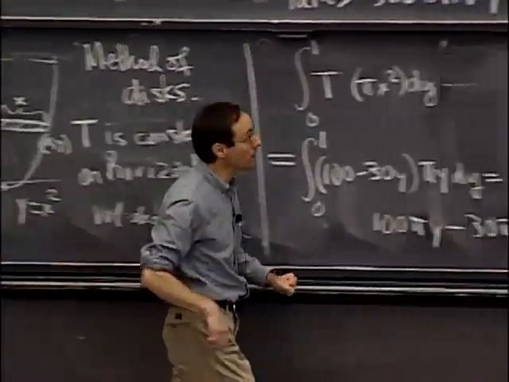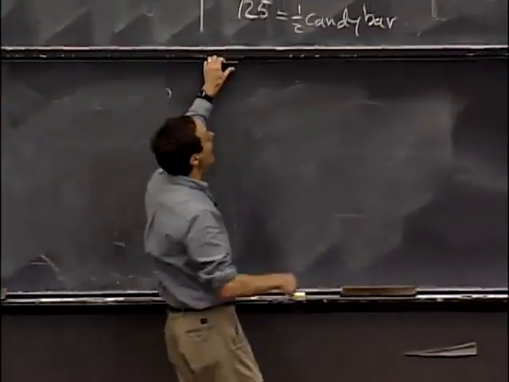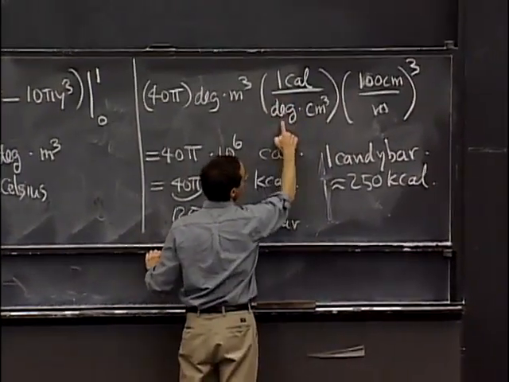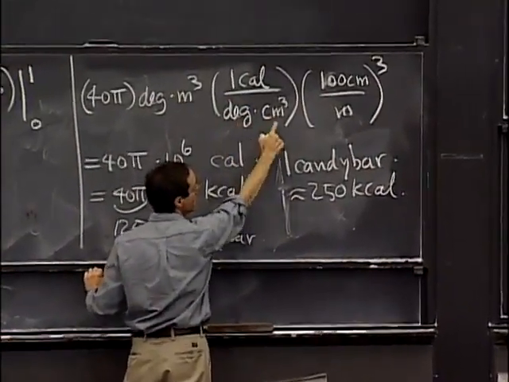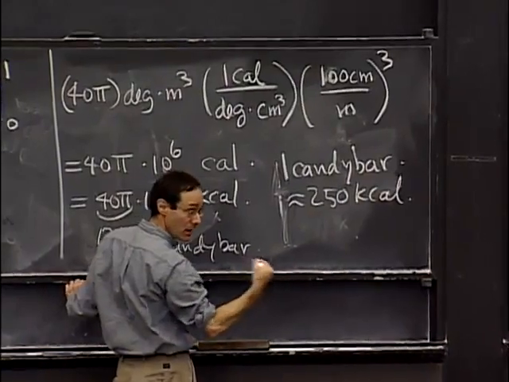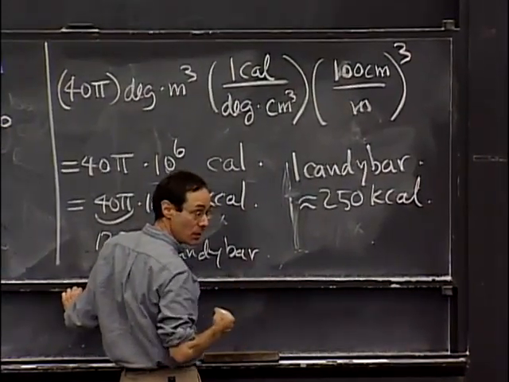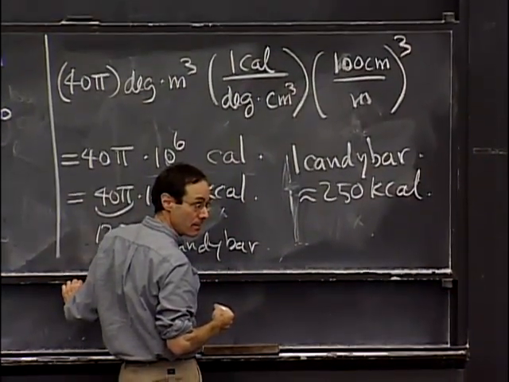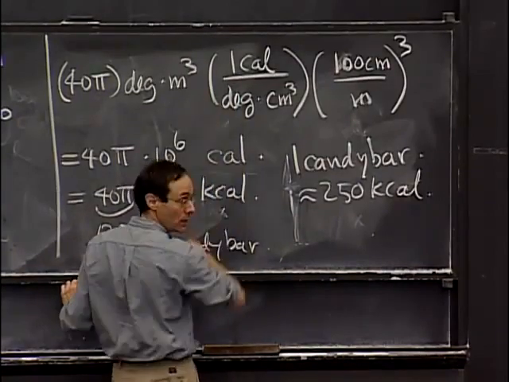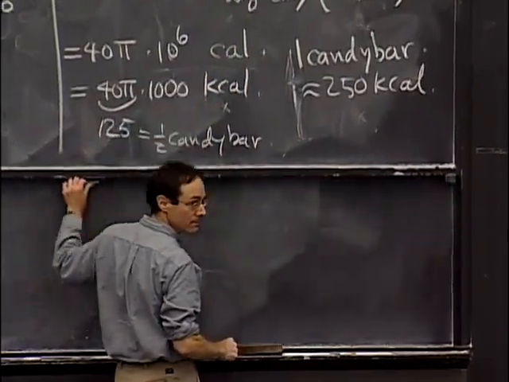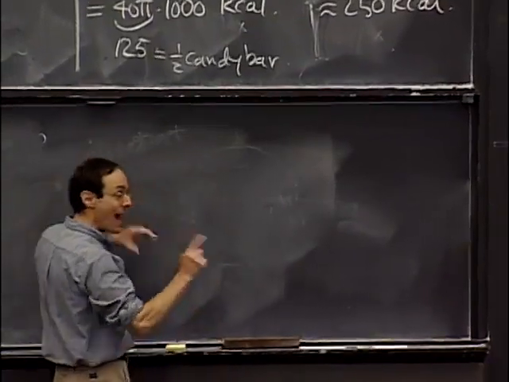And the calorie represents how much it takes to raise by 1 degree 1 milliliter of water, 1 cubic centimeter of water. That's the definition of a calorie. And we're adding it up.